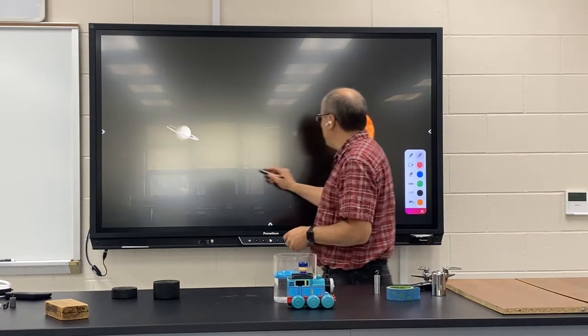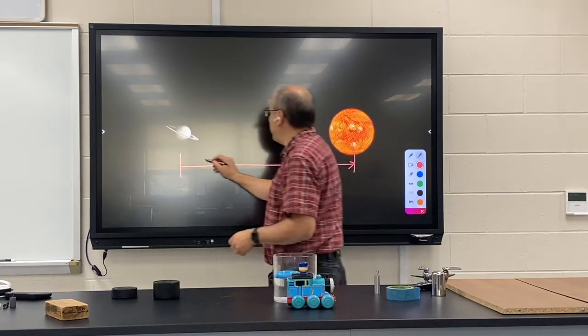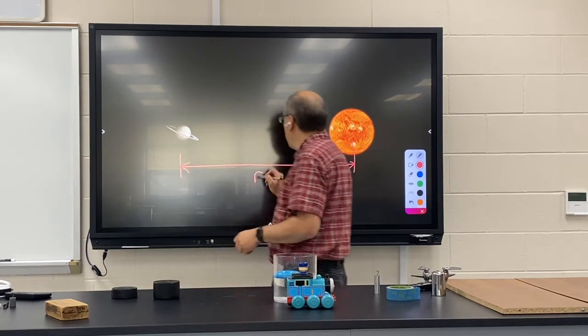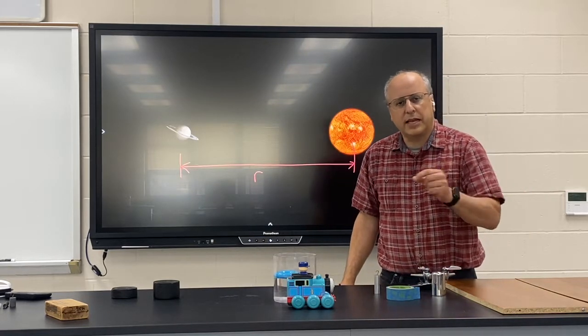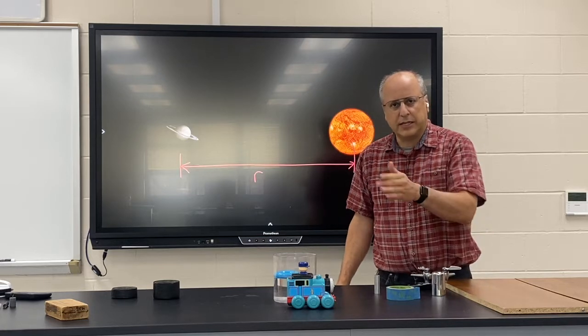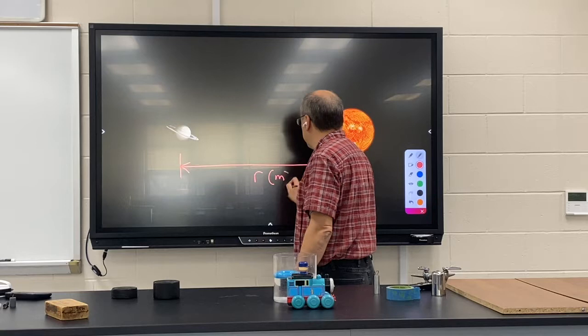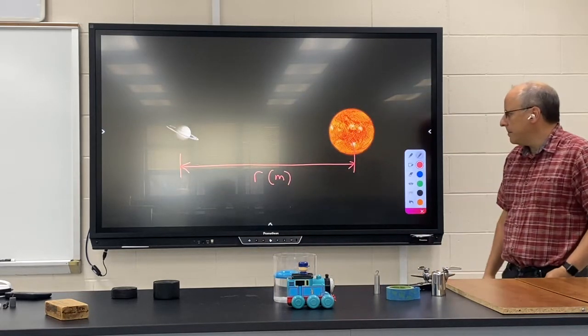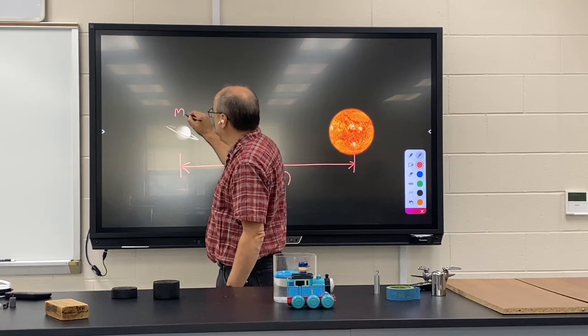Okay, so what you do is you need to measure how far apart the objects are. Notice I measure from the center of one object to the center of the other, not surface to surface, center to center. I measure that distance in meters. And I also need to know the mass of these objects.